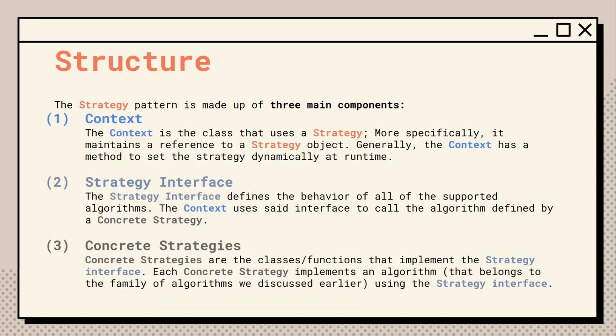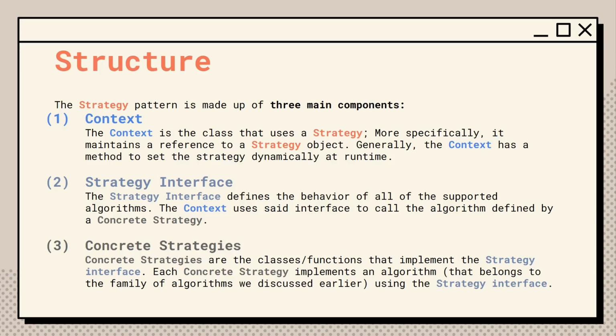Alright, in terms of the structure, the strategy pattern is made up of three main components. Those are the context, the strategy interface, and the concrete strategies. The context is the class that uses a strategy, or more specifically, it maintains a reference to a strategy object. Generally, the context has a method to set the strategy dynamically at runtime.